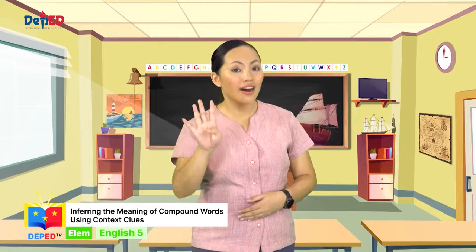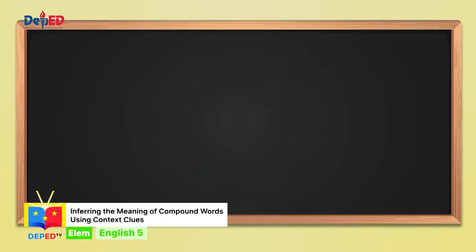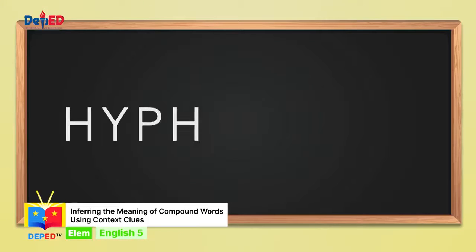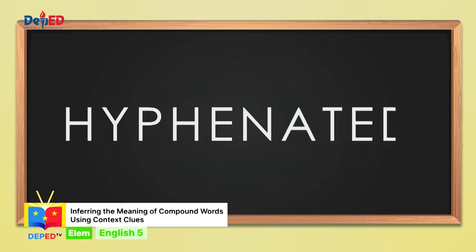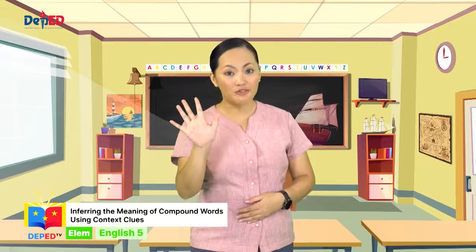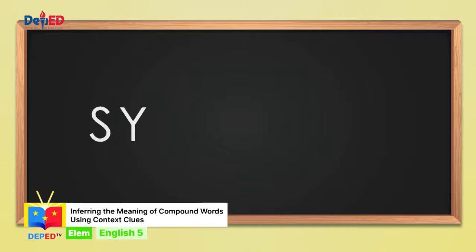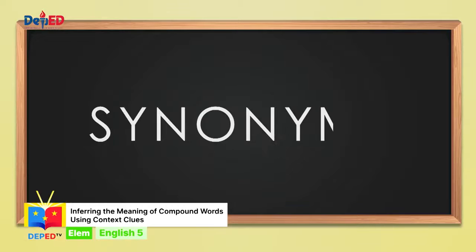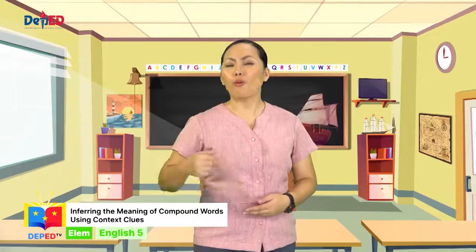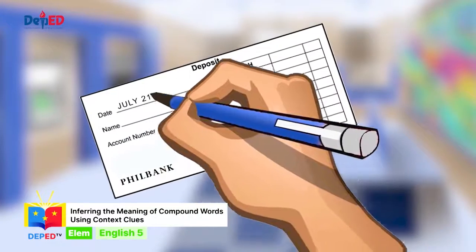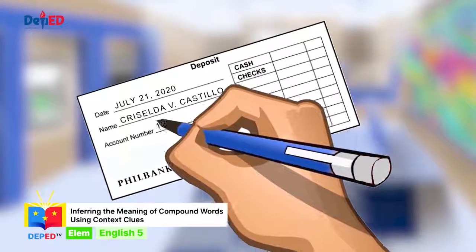Number 4, hyphenated. That's H-Y-P-H-E-N-A-T-E-D. Number 5, synonyms. That's S-Y-N-O-N-Y-M-S. Wow, great job!